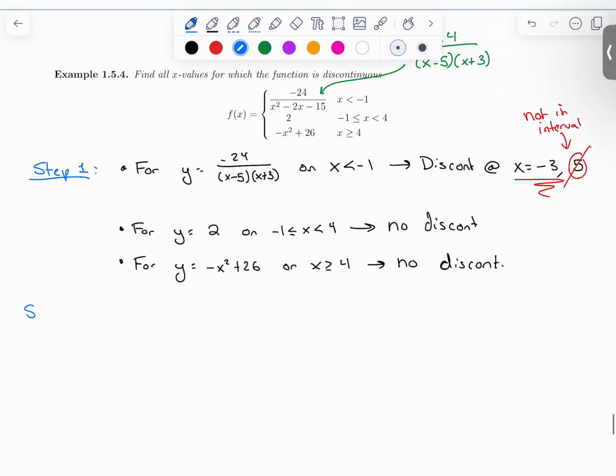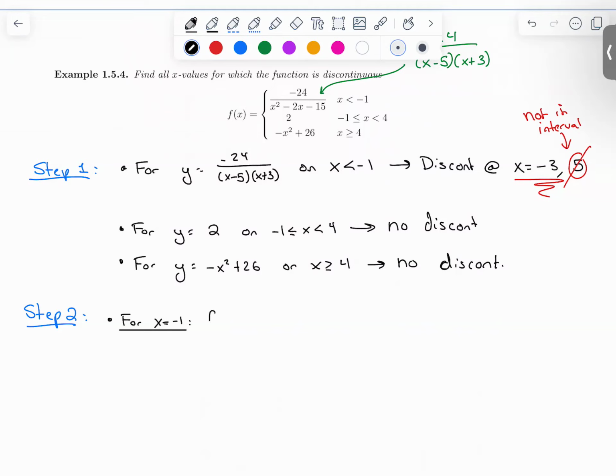Step two, we have two dividing values. We have -1 and we have 4. So for x equals -1, you're going to check to make sure that the function exists there.